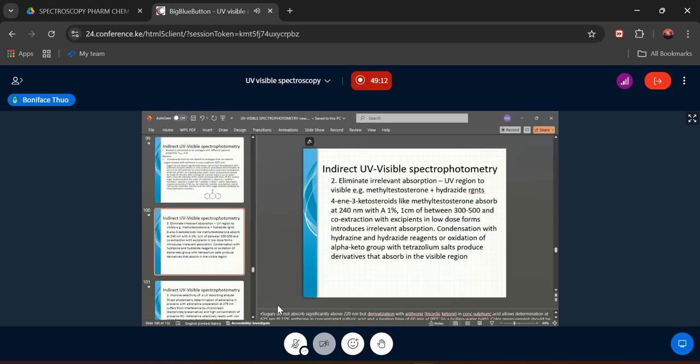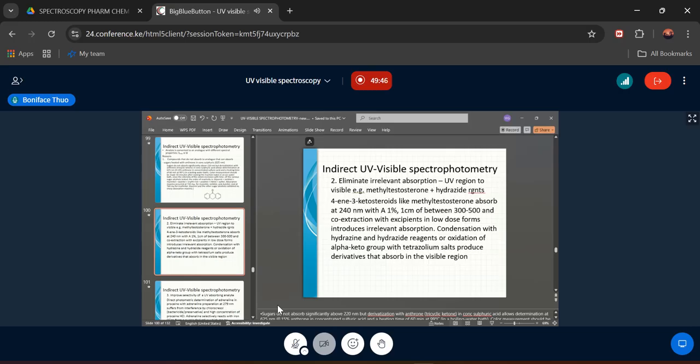The second case is where there is irrelevant absorption. So, for example, in the assay of methyl testosterone, a reagent is normally added. And this reagent is usually of the hydrazide type. So there are many, so just select one.